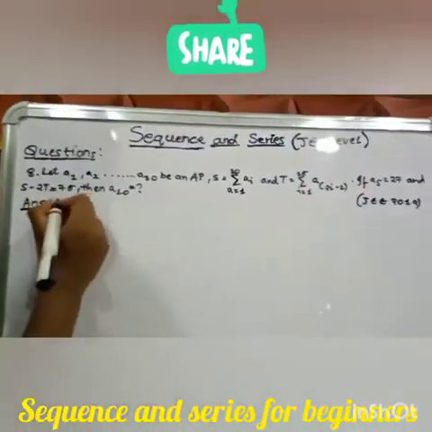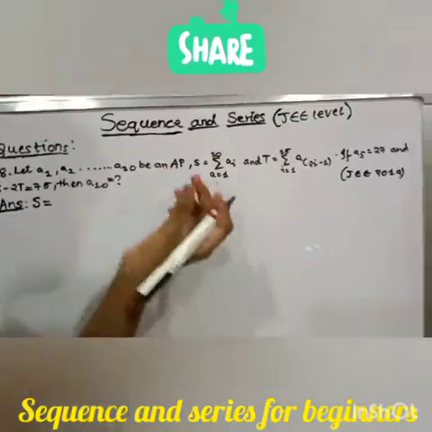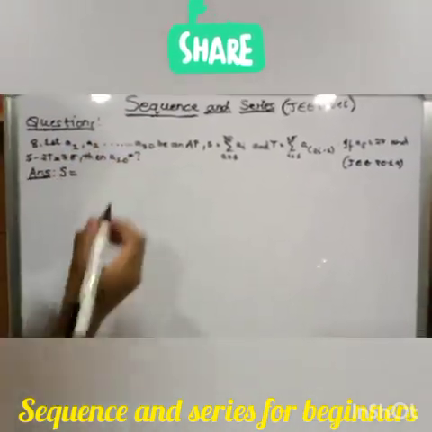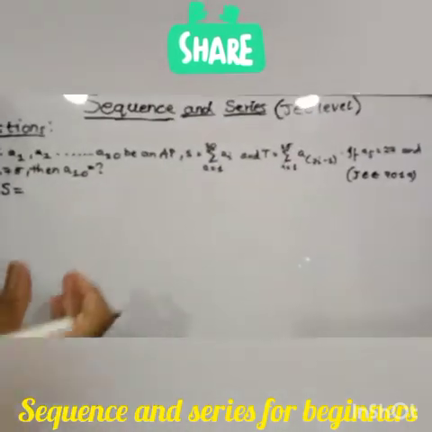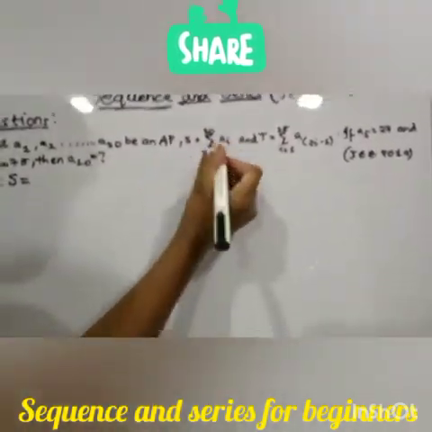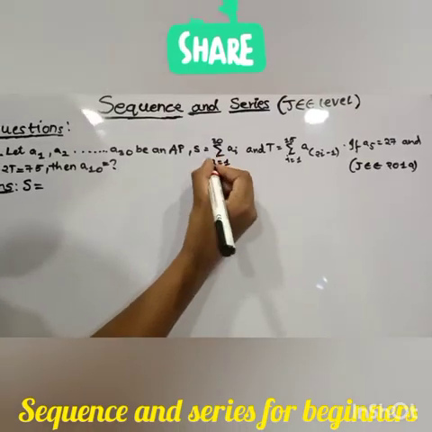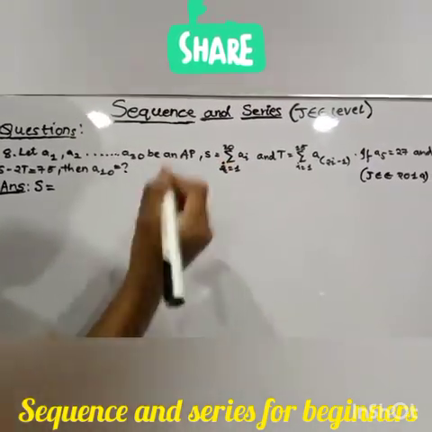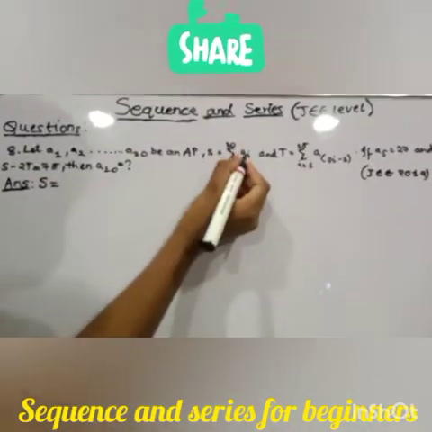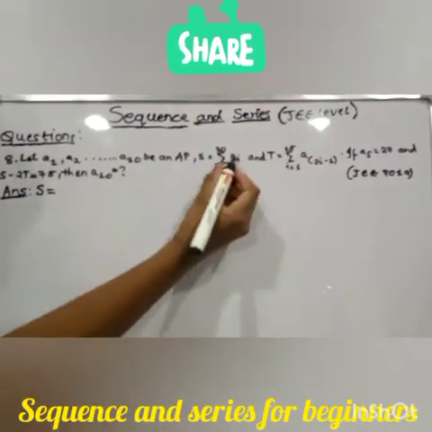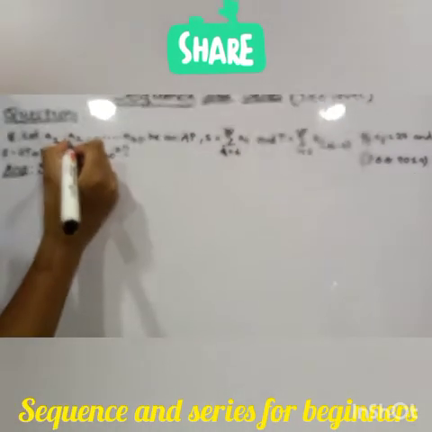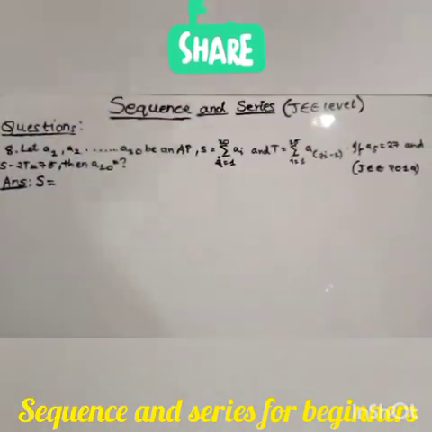So what can we do over here? Let's expand it. If you closely observe, he told us this is the AP. When you expand this, it starts with i equals 1, so A1 plus, since it's the same common difference and i goes to 2 the next time, A1, A2 and so on A30.